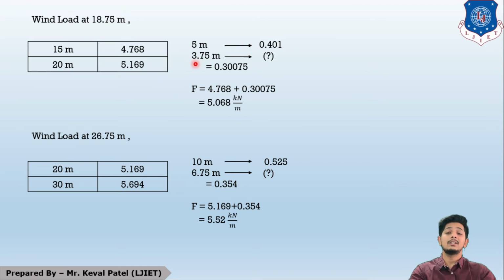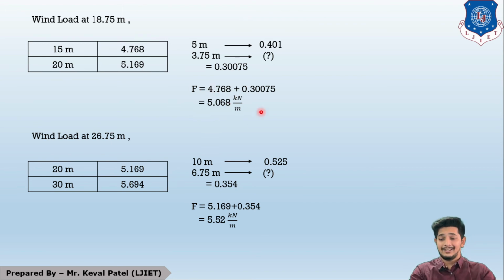So if the gap is 3.75, what will be the gap in the pressure? After getting the gap in the pressure, I will add it to 4.768 and I get my answer as 5.068 kilonewton per meter.